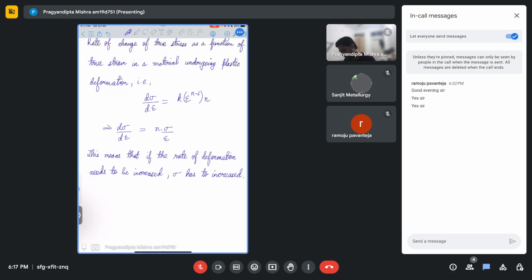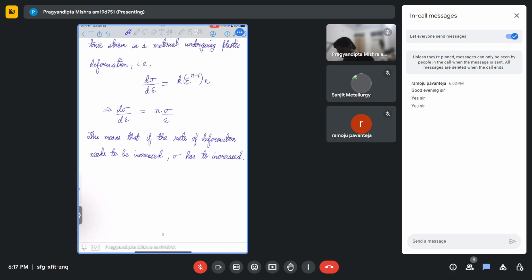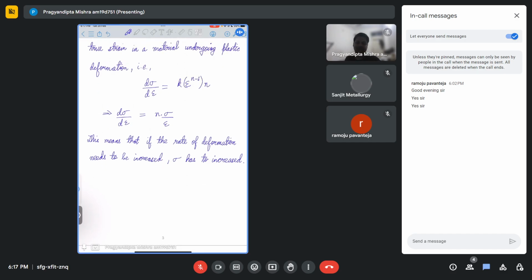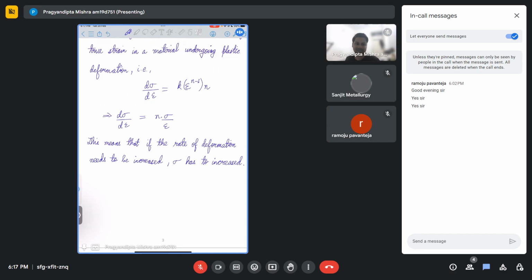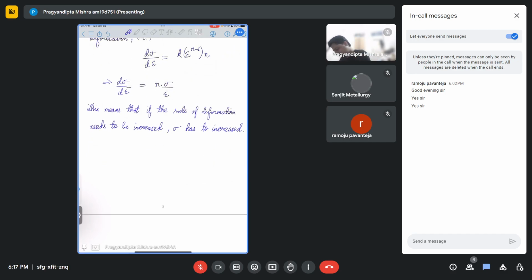Another important thing you have to keep in mind, because this entire concept of strain hardening and strength for any material system depends on what kind of material we are looking at: this rate of strain hardening is very sensitive to the microstructure.